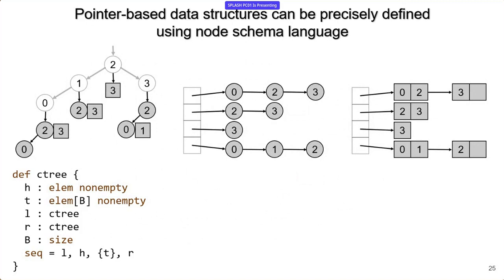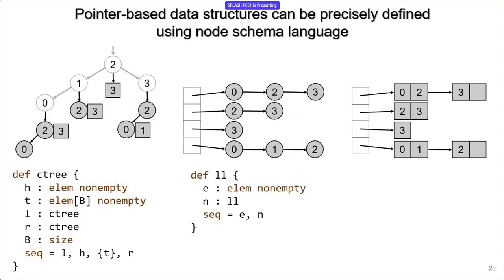Then I also have a list, basically an array of elements that are non-empty, and then I have a left and right tree that can be either empty or not empty. This list has a size B, and my sequence is: the left has smaller values, then my value, and then the next set of values are in my array, and they are also ordered. That bracket says they are ordered, and then the right tree. So I get that description.